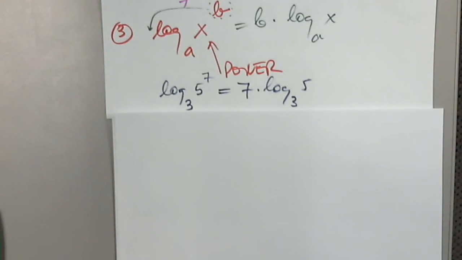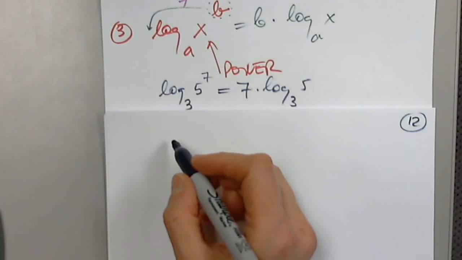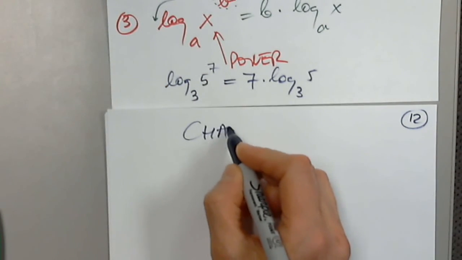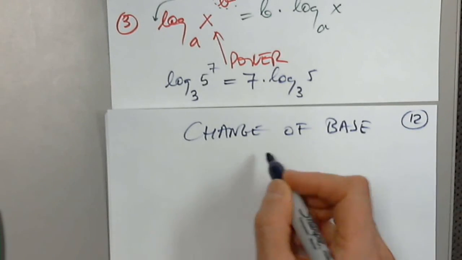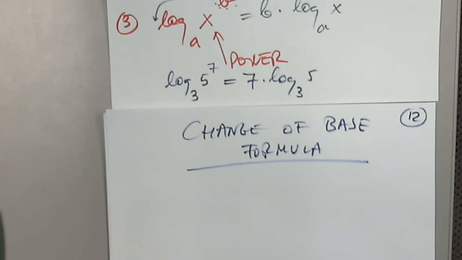Okay, so last thing before we look at problems is the change of base formula. But this is not a property, this is a formula. So change of base formula. Now your calculators are way more sophisticated these days.